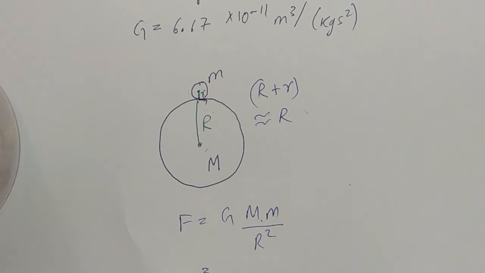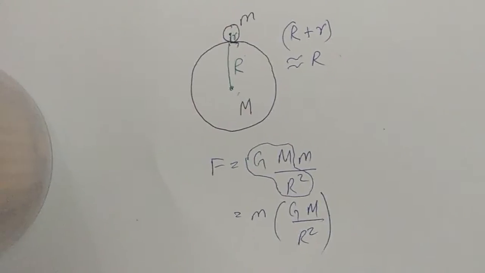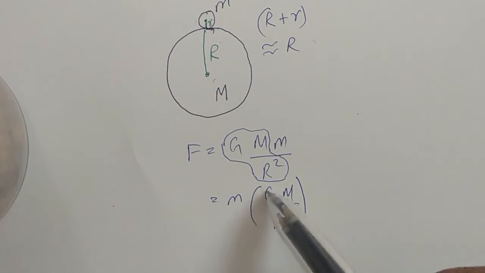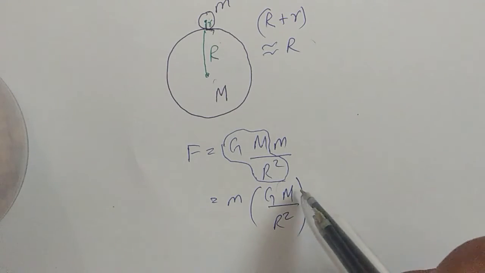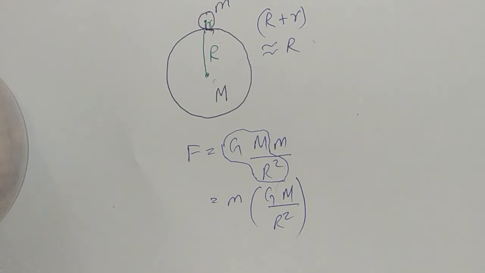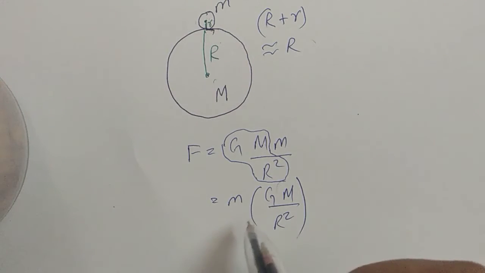Now if you take this small m common, we get GM by R square. We know the value of the universal gravitational constant, and we also know the mass of the earth, and the radius of the earth can be found out.